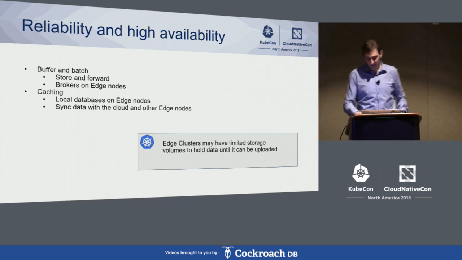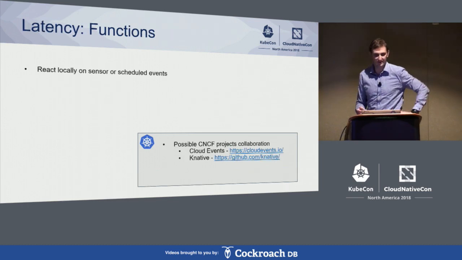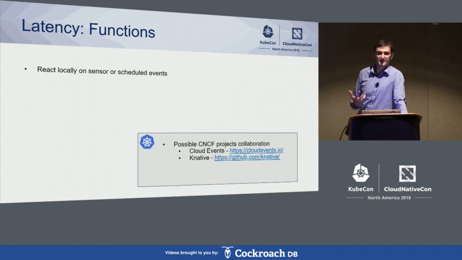The next type of workloads that is very popular is latency, and that is how we're going to provide applications that can give a quicker return of results to the end users.